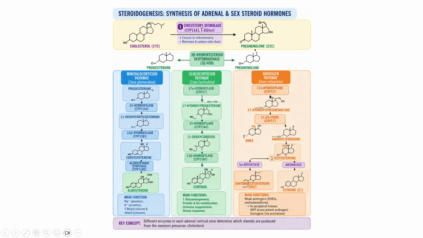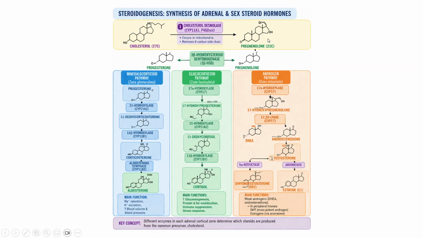This enzyme is super important for converting cholesterol into pregnenolone, which is a 21 carbon compound, and that happens because a 6 carbon side chain is removed with the help of this enzyme. This occurs in the mitochondria.